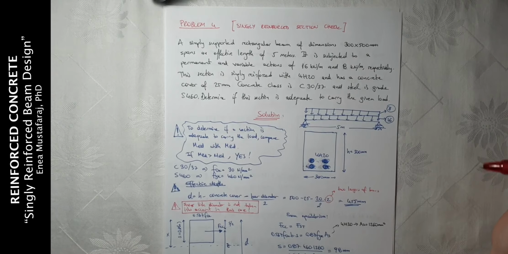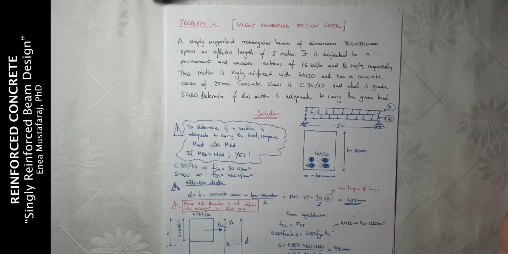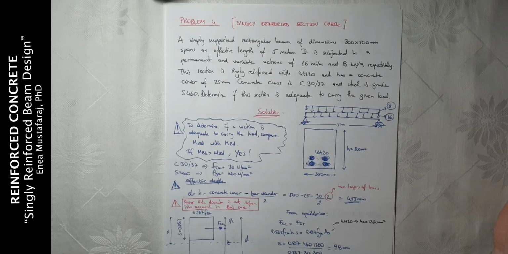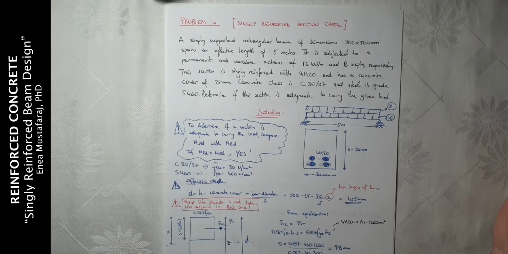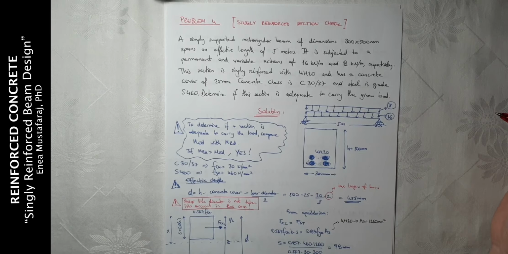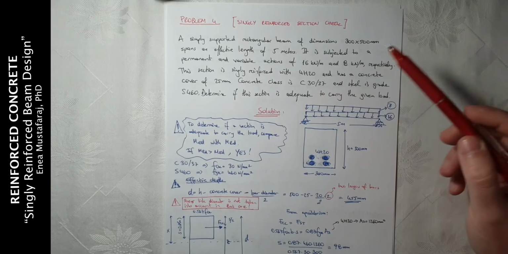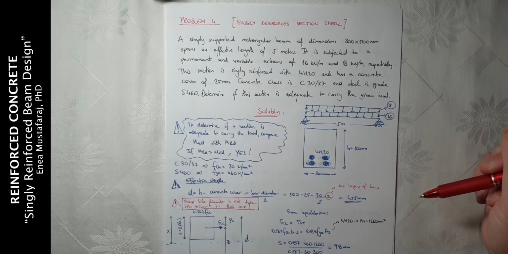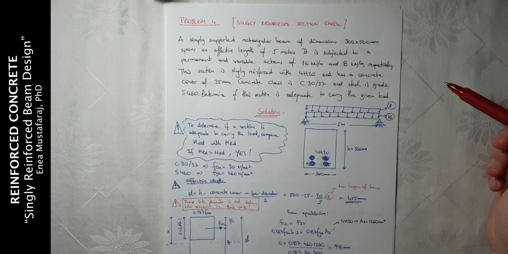It is subjected to permanent and variable actions of 16 and 8 kN per meter respectively, and the section is singly reinforced with 4 bars with 20 millimeter diameter and has a concrete cover of 25 millimeter. Concrete is class C30/37 and steel is grade S460, and as I said, we need to check whether it is adequate to carry the load or not.